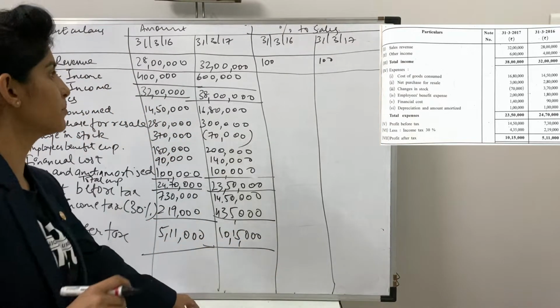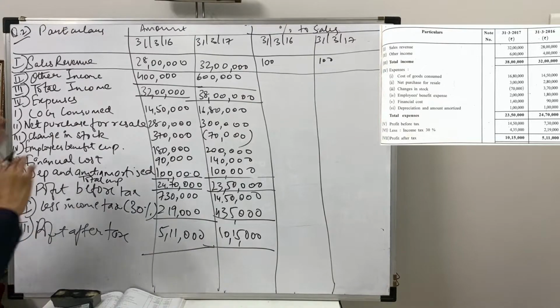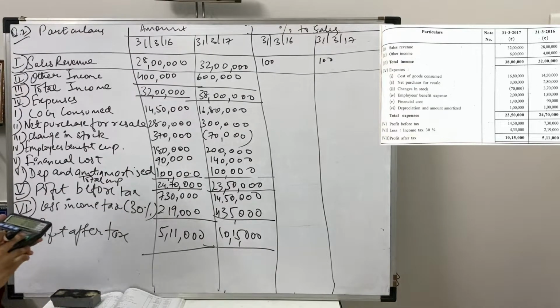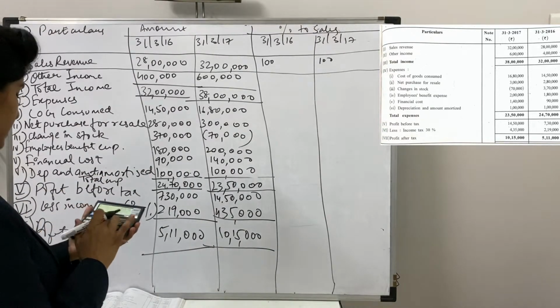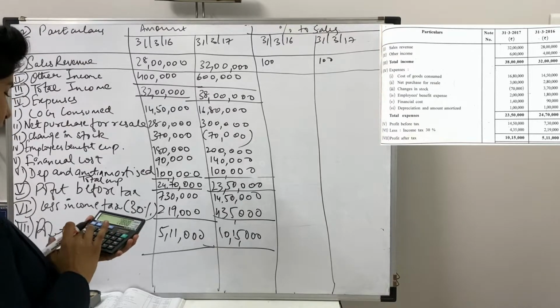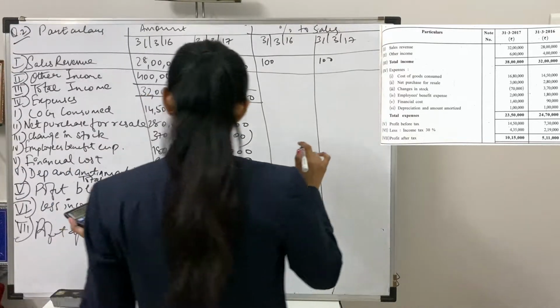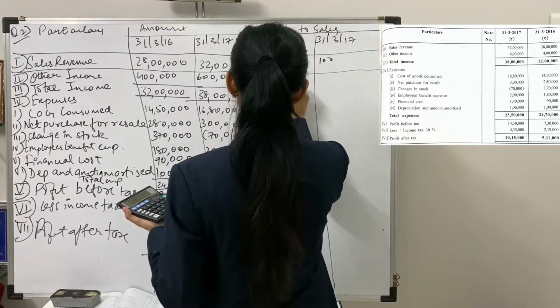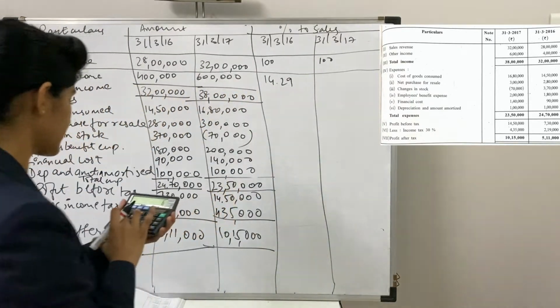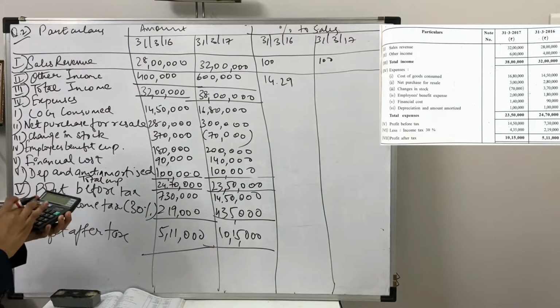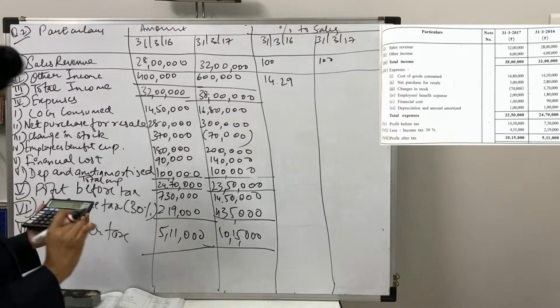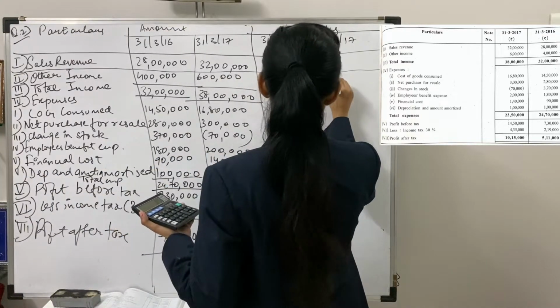Now coming to the percentage part. We'll solve everything in this. 4 lakh into 100 divided by 28 lakh, 14.29. Next is your 6 lakh into 100 divided by 32 lakh, 18.75.